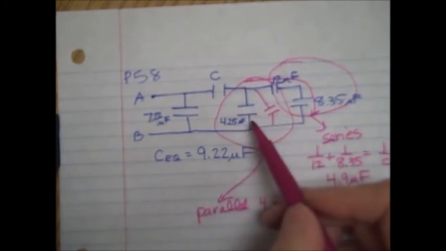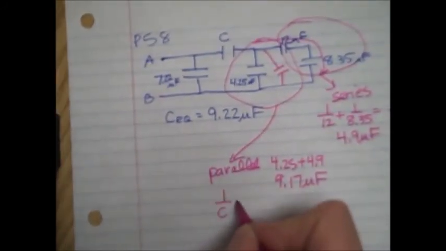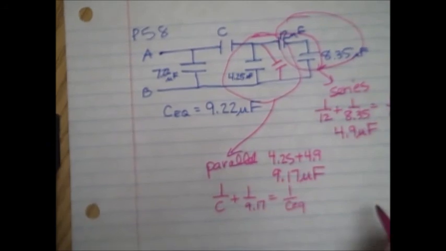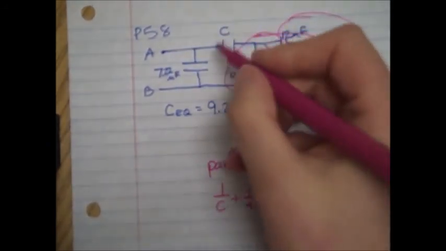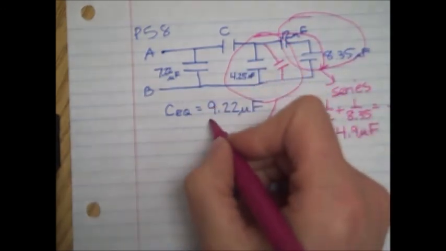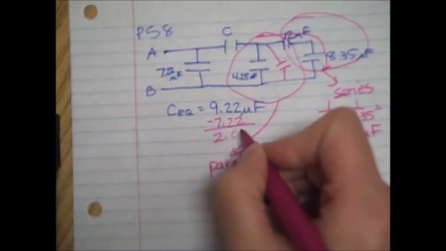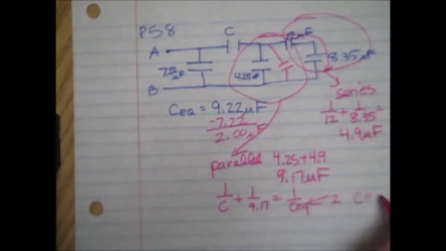And now this parallel section is in series with C, so 1/C plus 1/9.17 equals 1/the equivalent capacitance for that section. And these guys would then be in parallel with the 7.22. So if I took 9.22 minus 7.22, I know that this equivalent needs to be 2. And if I put that in there, I get that the capacitance C is 2.56 microfarads.